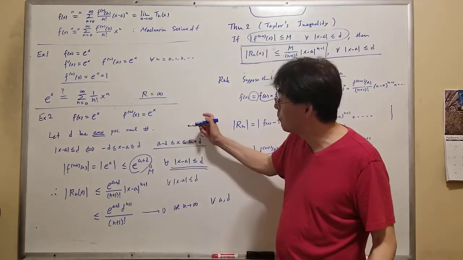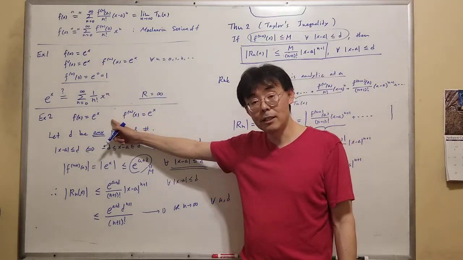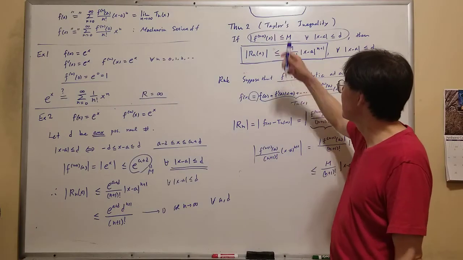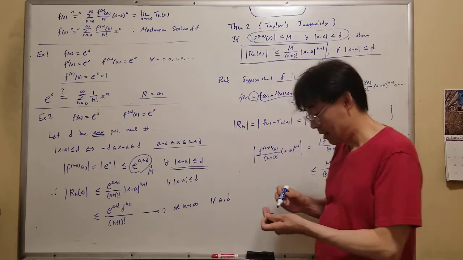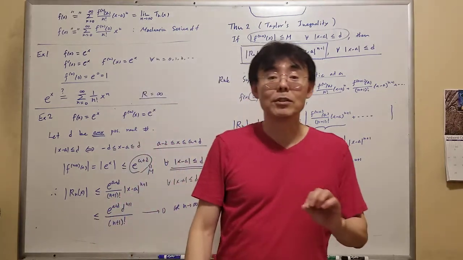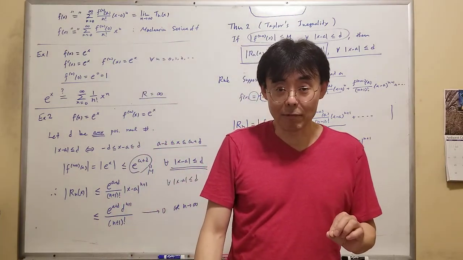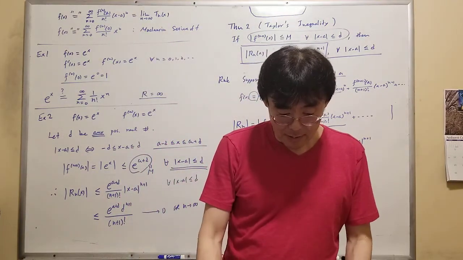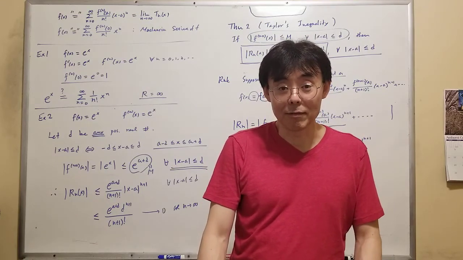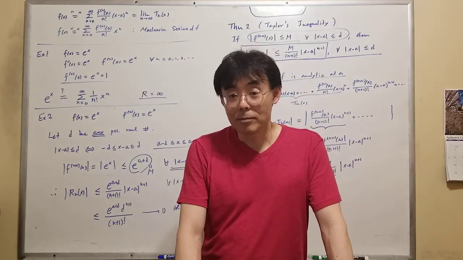So we just proved that e to the x is analytic at 0 or any point a, using Taylor's inequality. That's the end of the first part out of 3 parts, the first part of section 8.7. And then there will be 2 more parts of section 8.7. Alright, so I'll see you later.